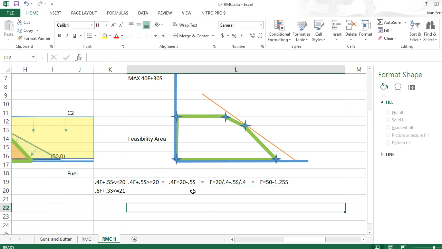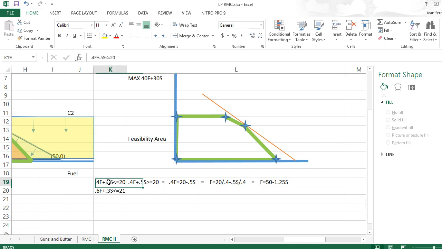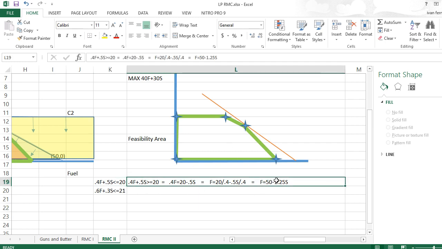Okay, so now you have constraint 1 written in terms of f.